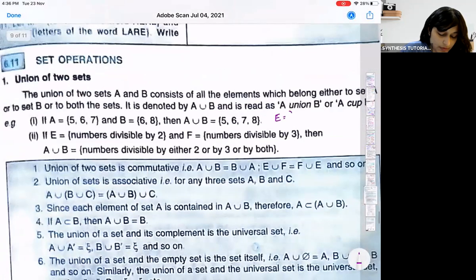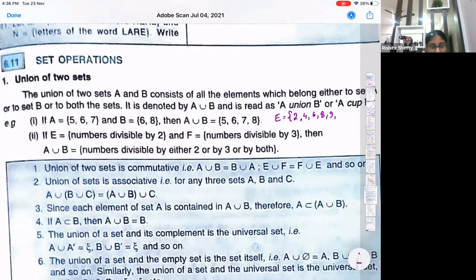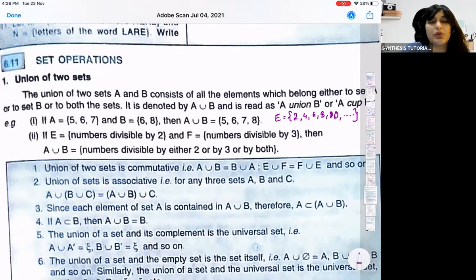E will be equal to, it'll start from 2, right? 2, 4, 6, 8, 10, sorry, dot, dot, dot, and keep on going, right? F will be multiples of 3, so 3, 6, 9, 12, dot, dot, dot.